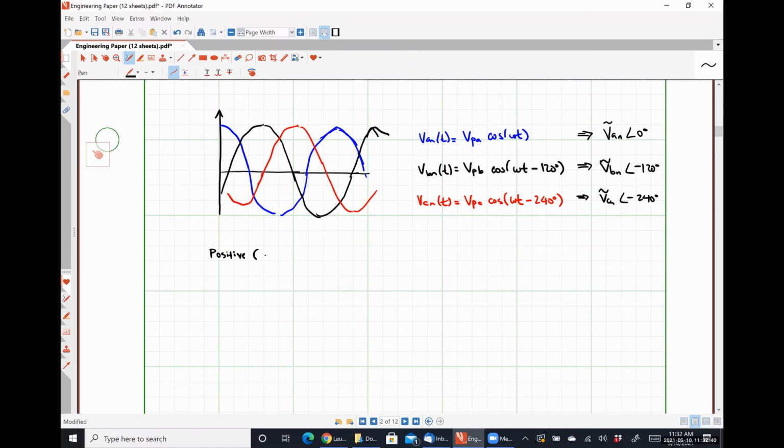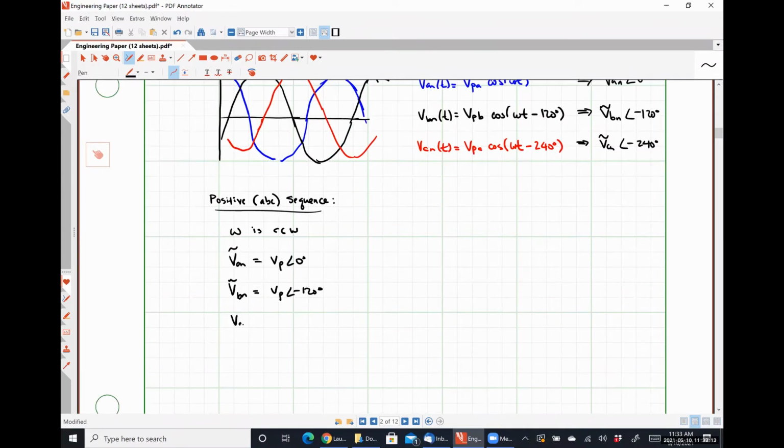So positive, also known as ABC sequence, occurs when omega is counterclockwise, and we will see that VAN is equal to VP with an angle of 0 degrees, VBN is equal to VP with an angle of negative 120 degrees, and VCN is equal to VP with an angle of negative 240 degrees.